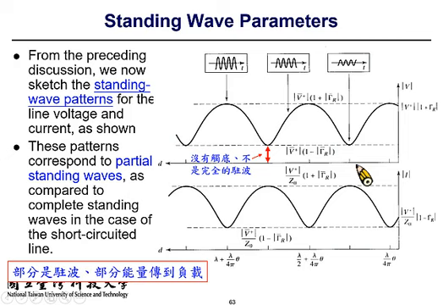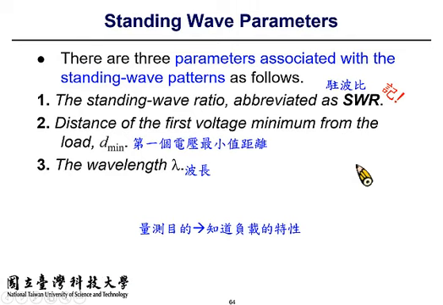The minimum value of SWR is 1. The maximum value of SWR is infinity. If you have an infinite SWR value, then it suggests that it is a so-called complete standing wave, all standing wave. On the other hand, if the SWR value is 1, then it suggests there is no standing wave, and it reaches the so-called matching condition.